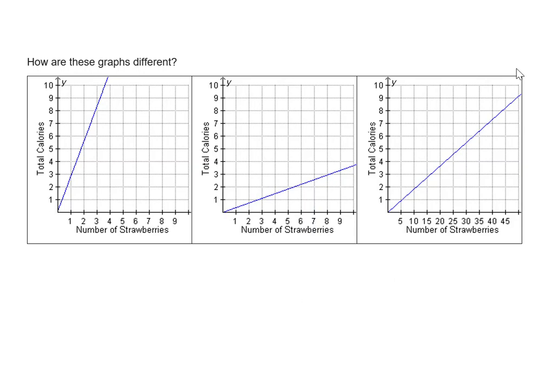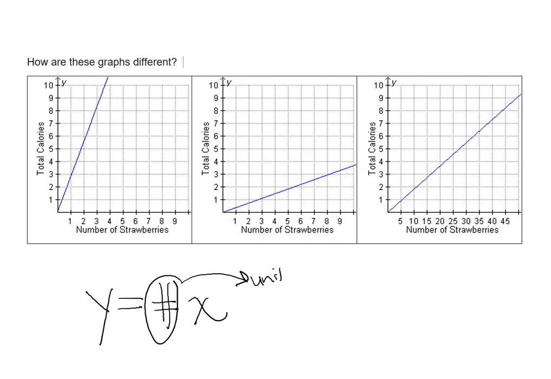Another example, looking at graphs. When you're looking at a graph and you're trying to determine how you would match that to an equation, remember, when we have an equation, y equals a number times x, this number represents the unit rate.